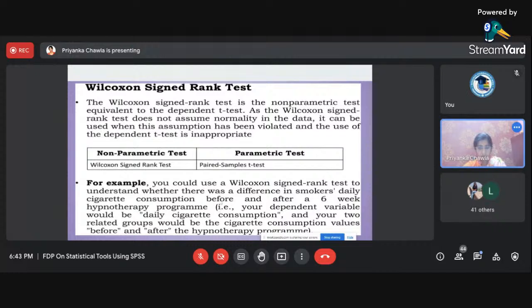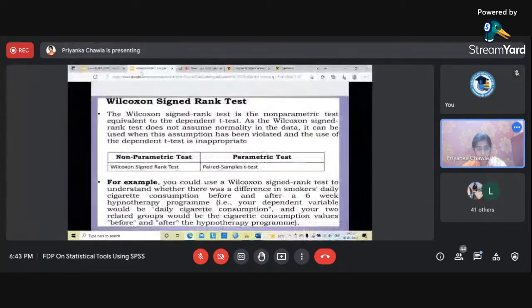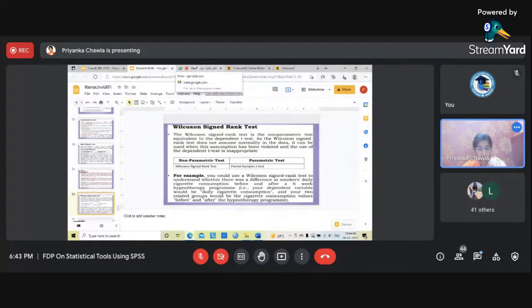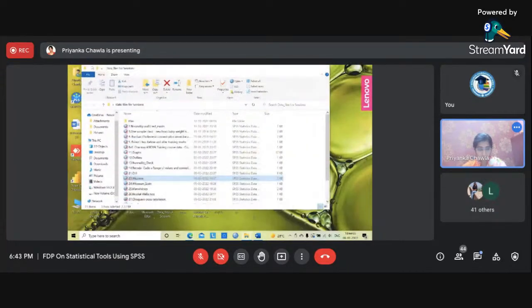If ordinal scale data, if we measure these variables on ordinal scale, then we will apply this Wilcoxon signed rank test. Clear? Let us take one example of this. Here the example is given. I'll be taking another example to show the demo of this. I'm taking this one. Wilcoxon.